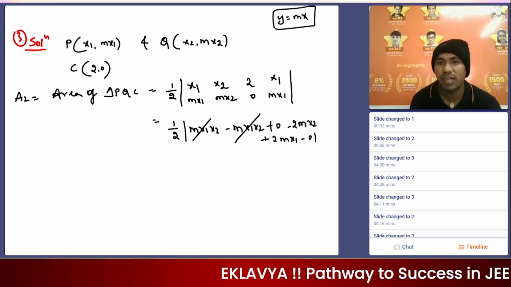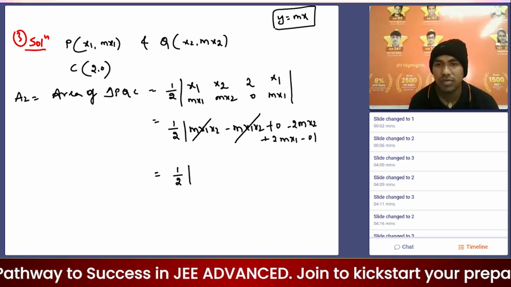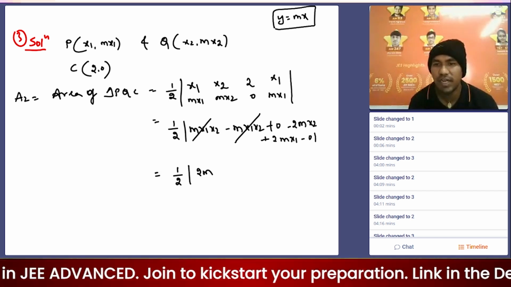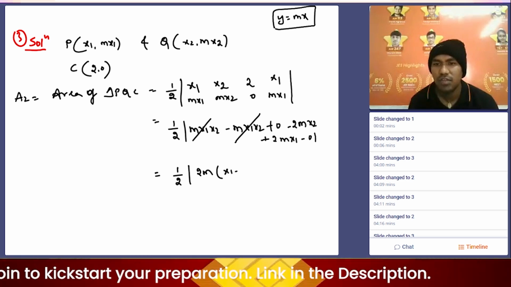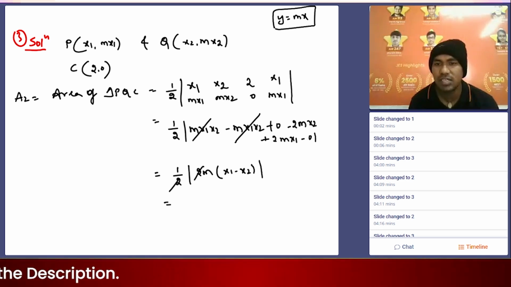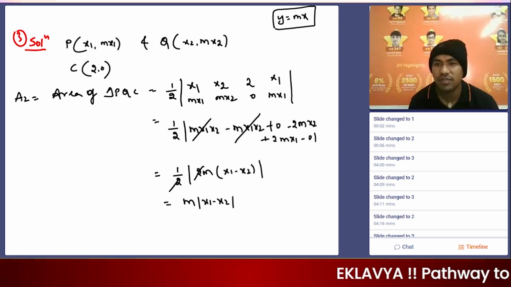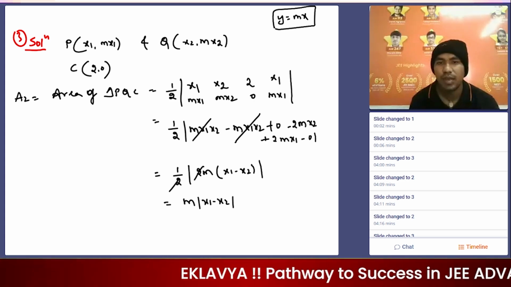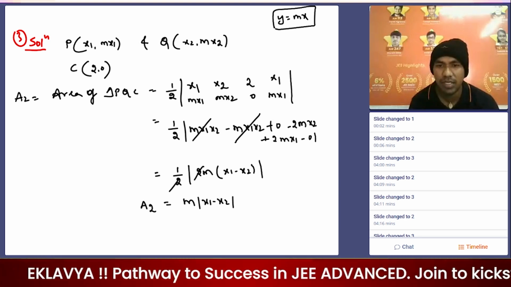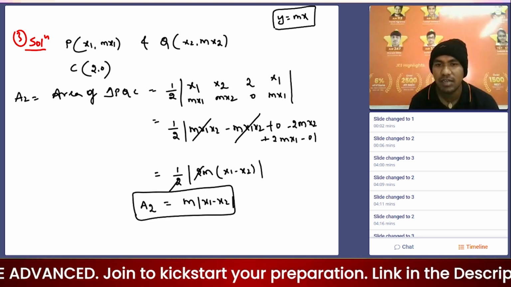Now mx1x2 and mx1x2 get cancelled. From these two, if I take 2m common, you will get x1 minus x2. Again 2 gets cancelled, so it is equal to m times mod of x1 minus x2. Anyway, m is a positive value only, they mention. So this is our A2 value, the area of triangle PQC.